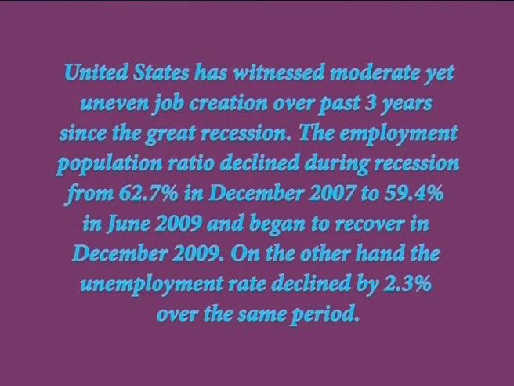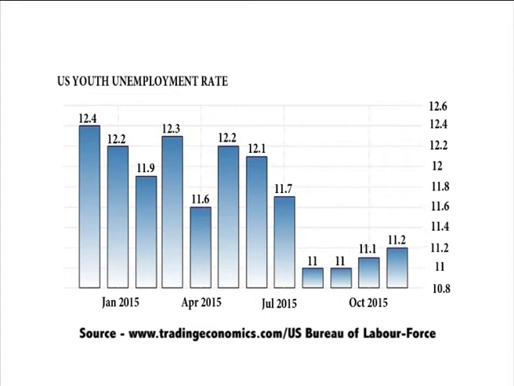On the other hand, the unemployment rate declined by 2.3% over the same period. Figure 3 shows the changes in youth unemployment rate in the United States. It increased to 11.20% in November from 11.10% in October of 2015.